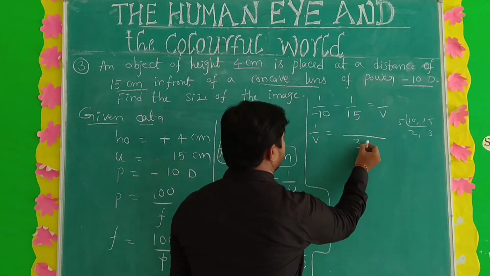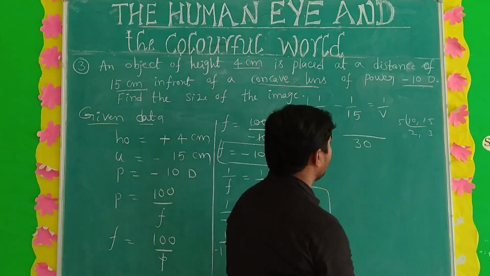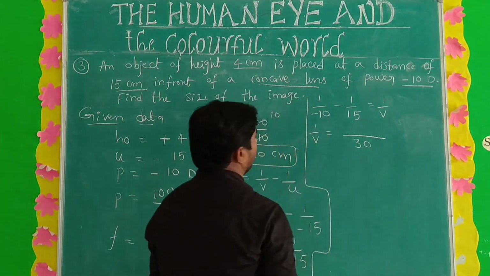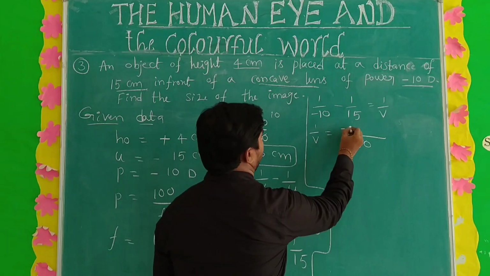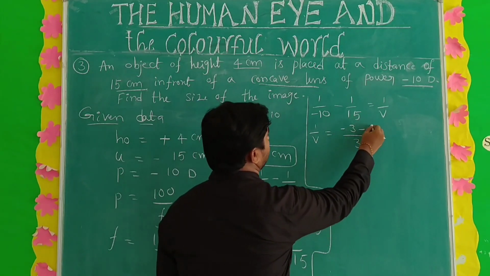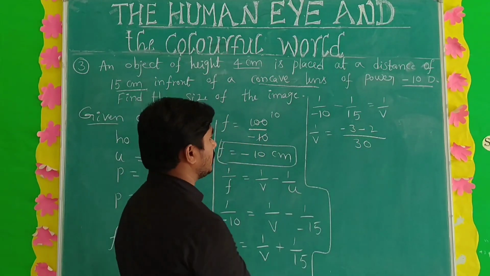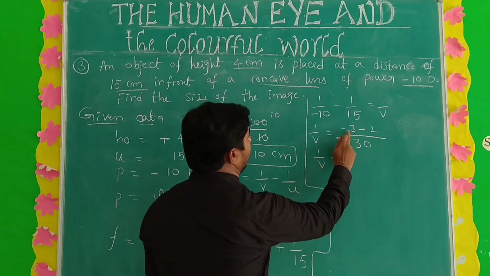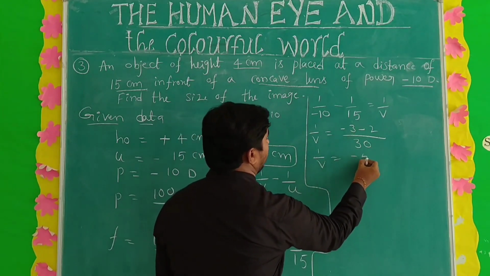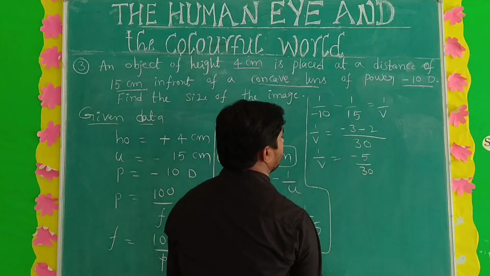So 30 is the LCM. Then 1 by V is equal to minus 3 minus 2, that is minus 5 by 30.